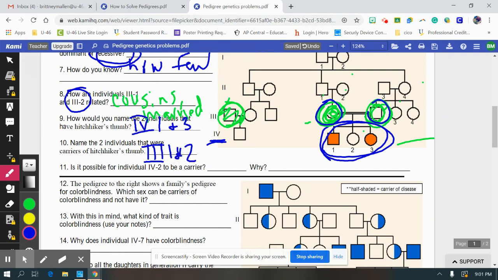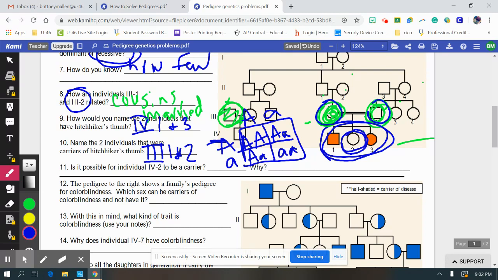And is it possible for individual 4-2 to be a carrier? And then why? If we did this Punnett square real quick, we know that both parents are heterozygous. Punnett squares aren't absolute.